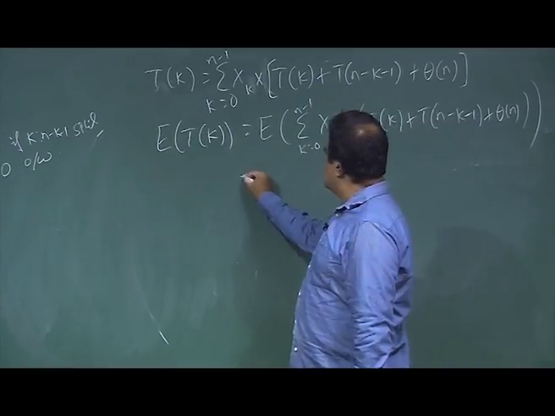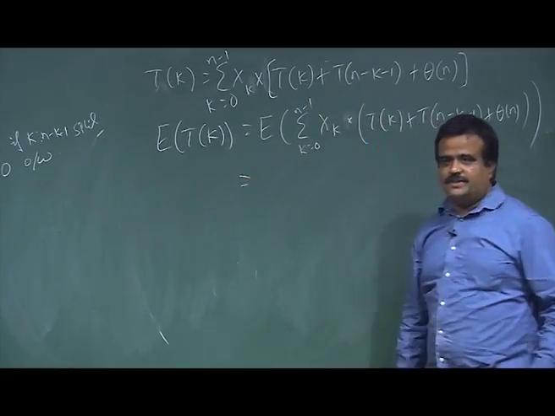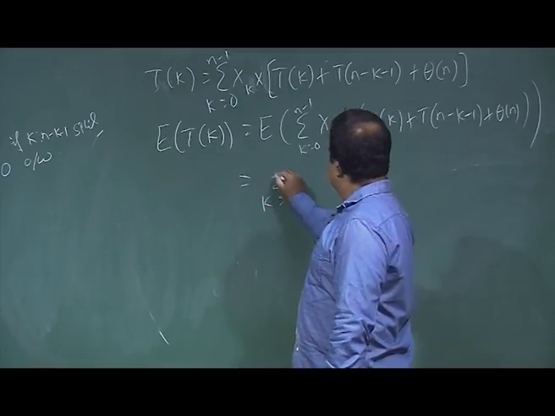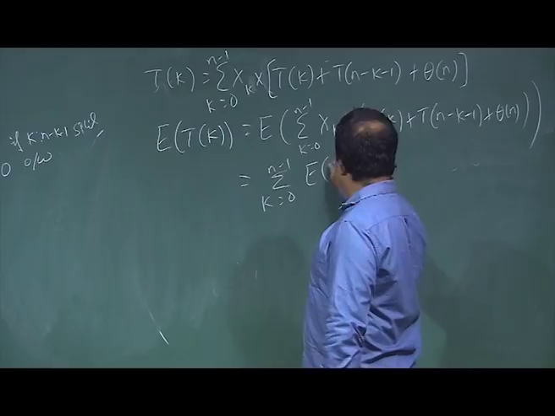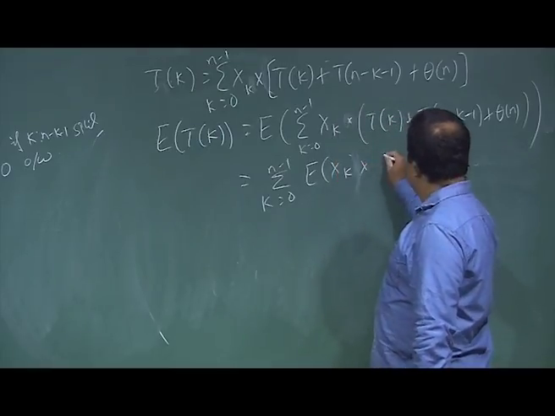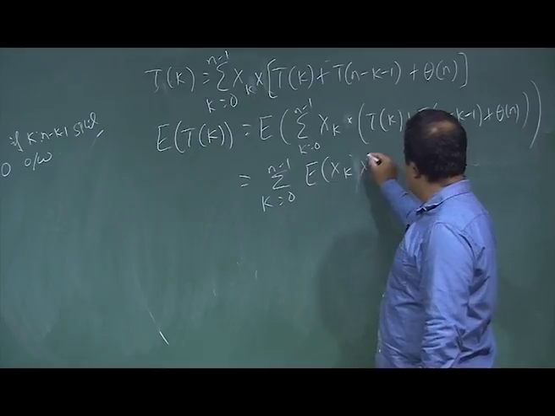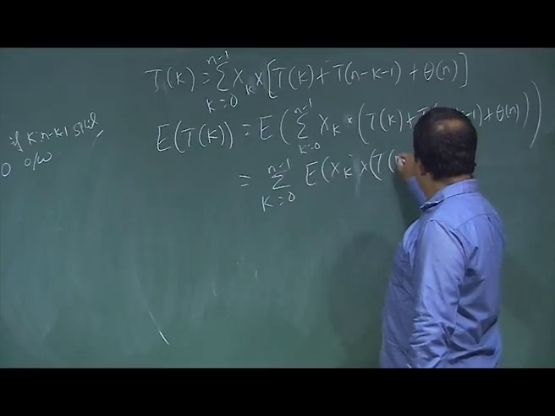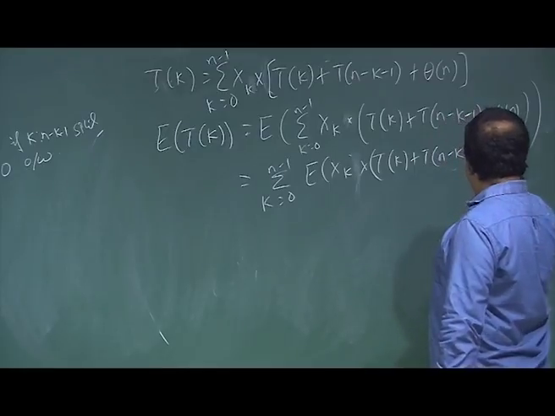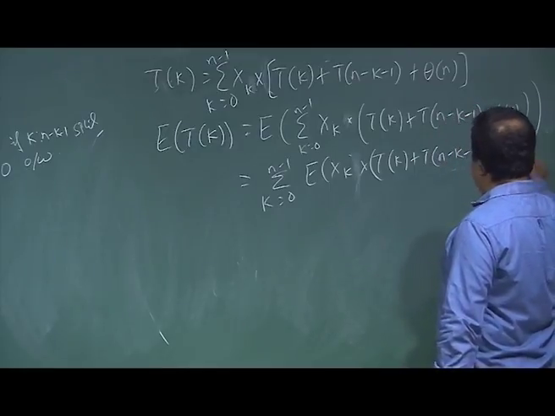Now expectation is a linear function, we can take the expectation inside. So this is basically summation, k from 0 to n minus 1, expectation of xk into this form, T of k plus T of n minus k minus 1 plus theta of n.